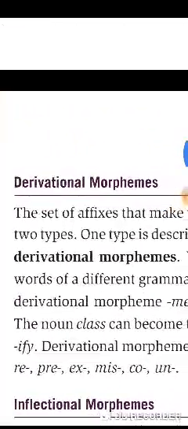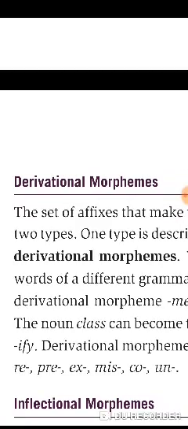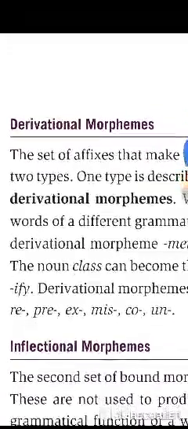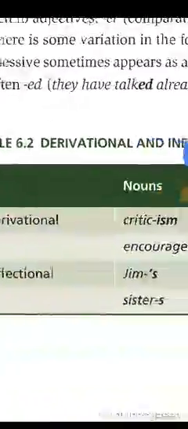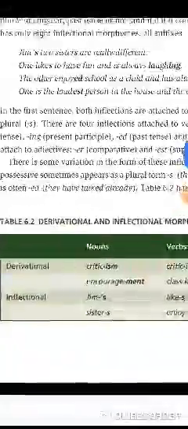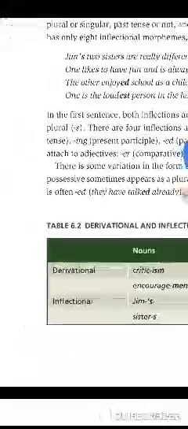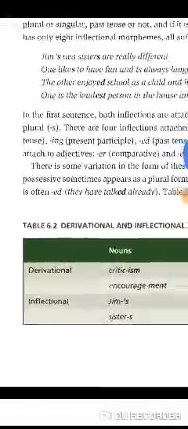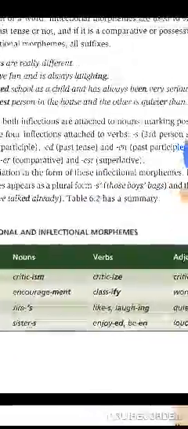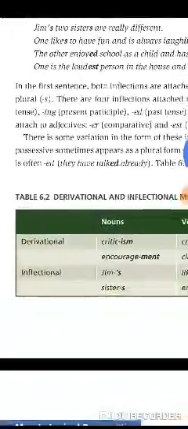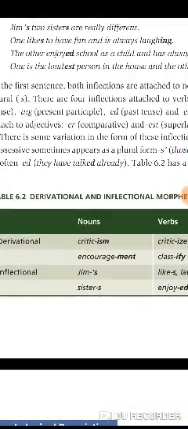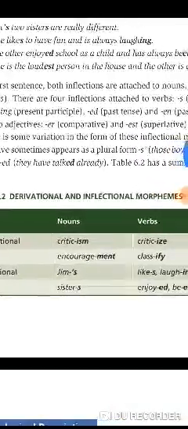Well, back to derivational morphemes. Derivational morphemes are found in languages like Farsi, like English. Now, this table, actually table 6.2, shows derivations and inflection morphemes. Well, look at the first example. Derivational critic, we make a new kind of vocabulary, criticism.